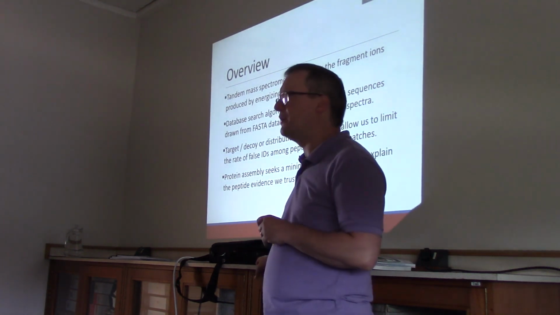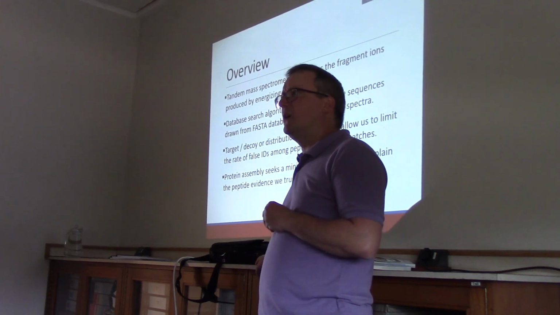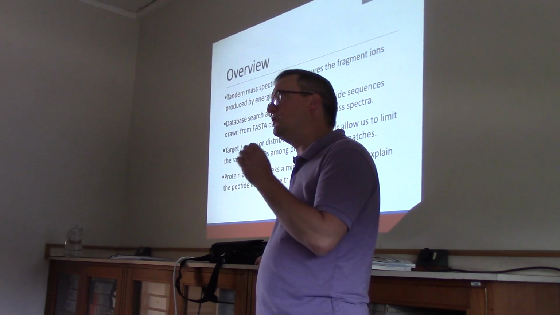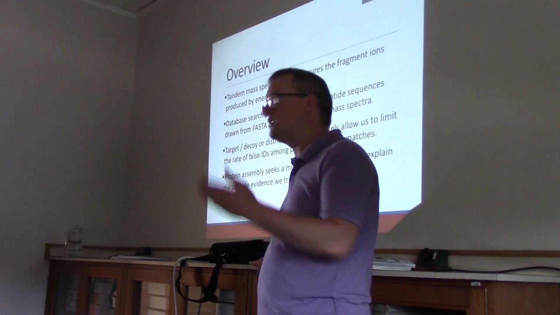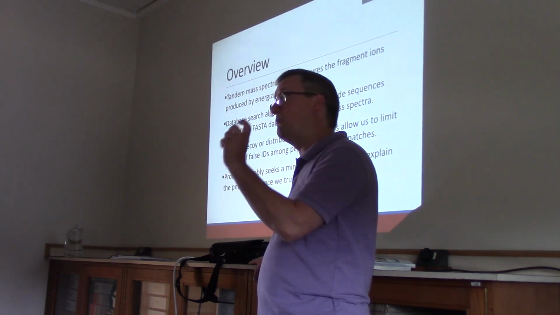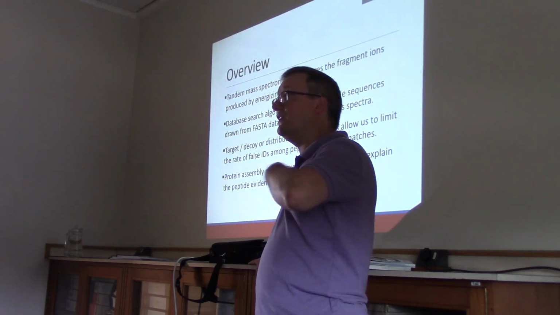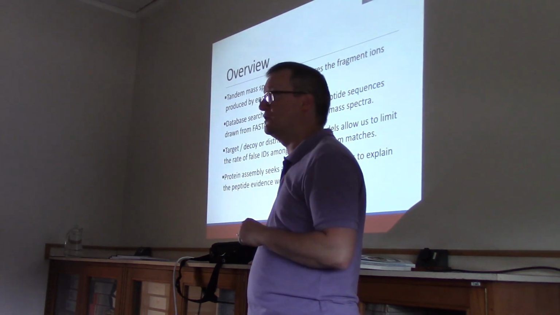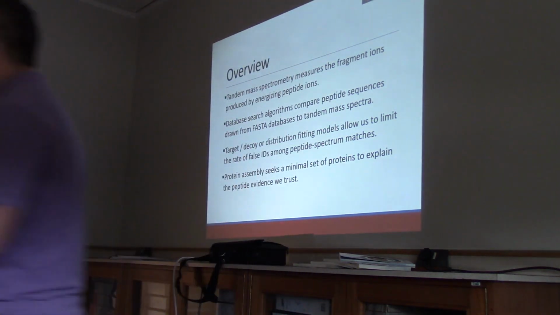And finally, we'll talk about protein assembly. One of the things that I hope everyone takes away from this is that when we do database identification, tandem mass spectrometry experiments, what we are identifying directly are peptides. So when we give you information about which proteins are coming back, it's based on which peptides we see. So I'll explain that as we move along.